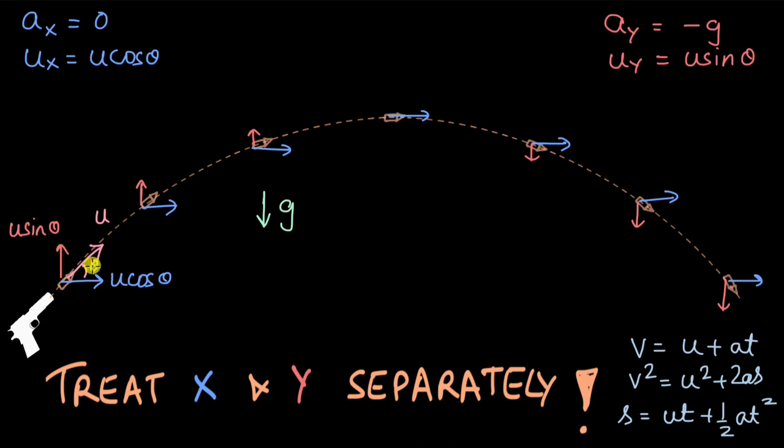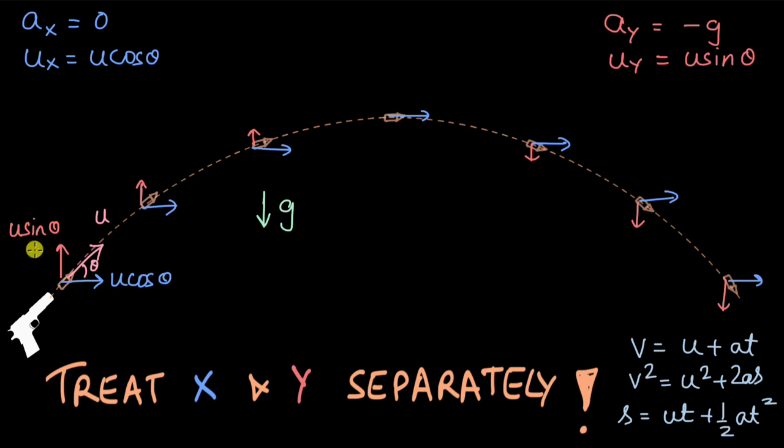But when you combine these two, you get a projectile, you get velocity at a certain angle. So the time that the bullet stays in the air is really just dependent upon the vertical component. If this component was longer, then the bullet would go to a greater height and take more time to fall to the ground. But if u sin theta was shorter, then the bullet will not even reach this height and fall to the ground much sooner.